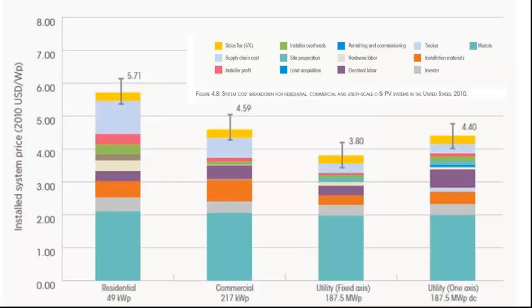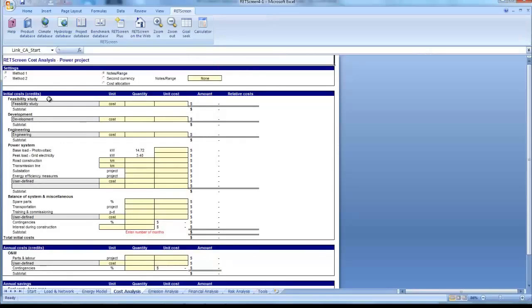A project of this size in 2012 can be expected to achieve cheaper pricing at around $3.5 to $5 per peak watt. For our cost analysis, we will use method 1, as this is detailed enough for a first approximation, especially for small-scale PV projects. Method 1 presents us with the following breakdown.